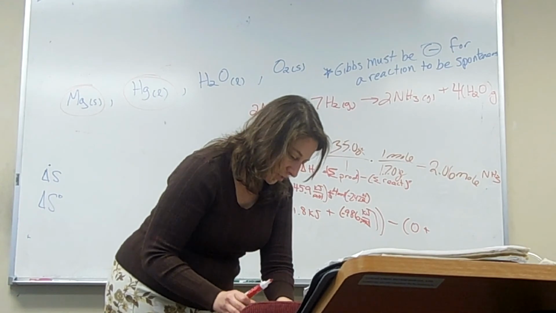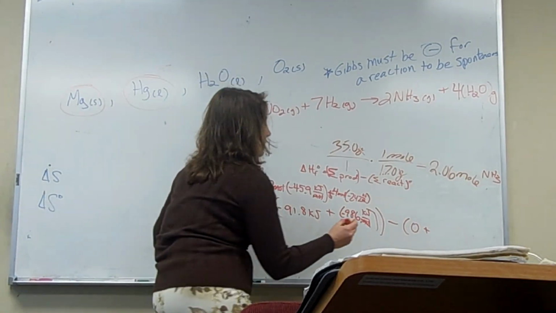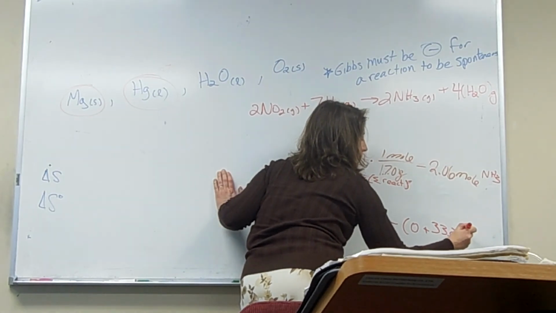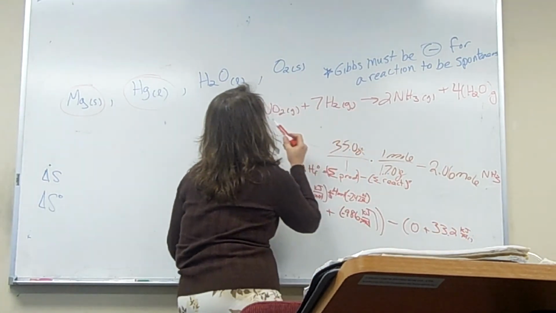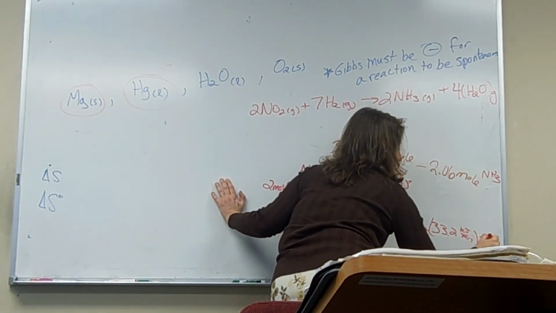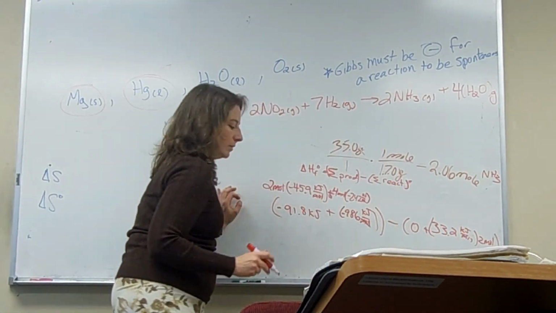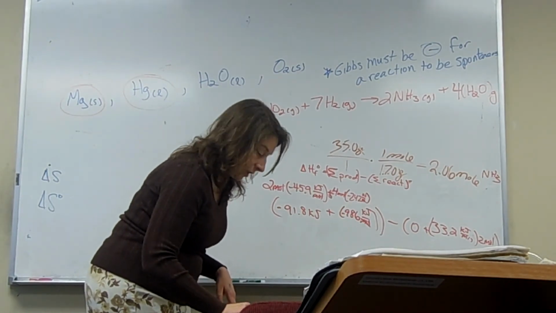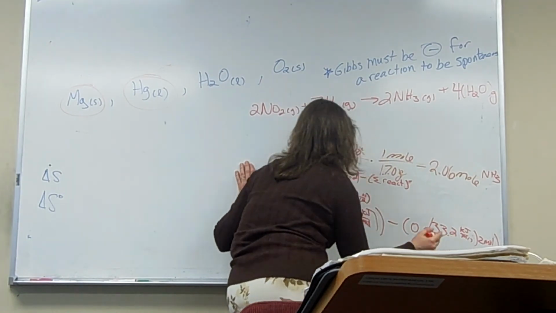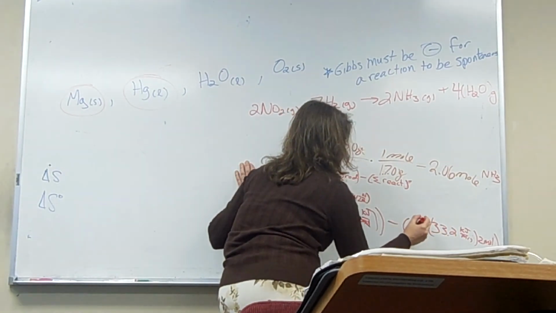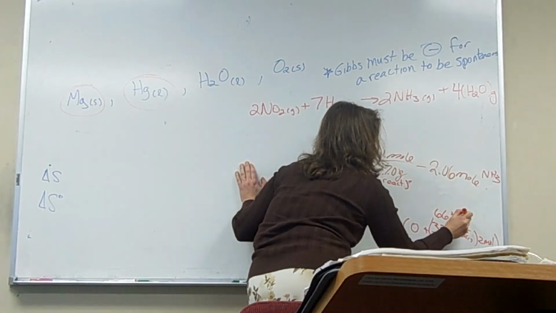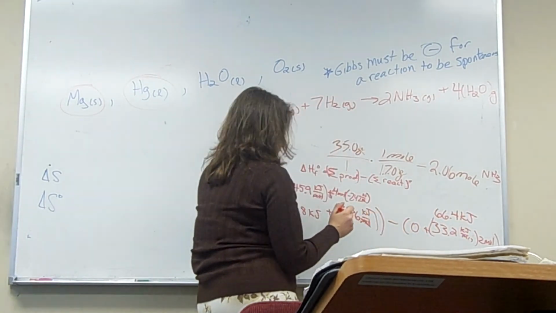So look at the chart, nitrogen dioxide gas is 33.2 kilojoules per mole, and how many moles is that? 2. And 2 moles. So I do 33.2 times 2. Then we have to think significantly. So that is 66.4 kilojoules.